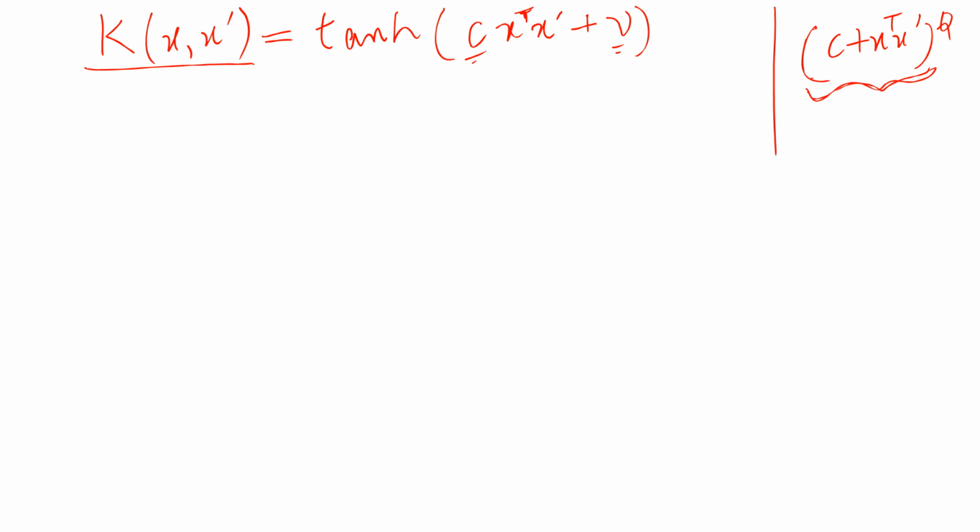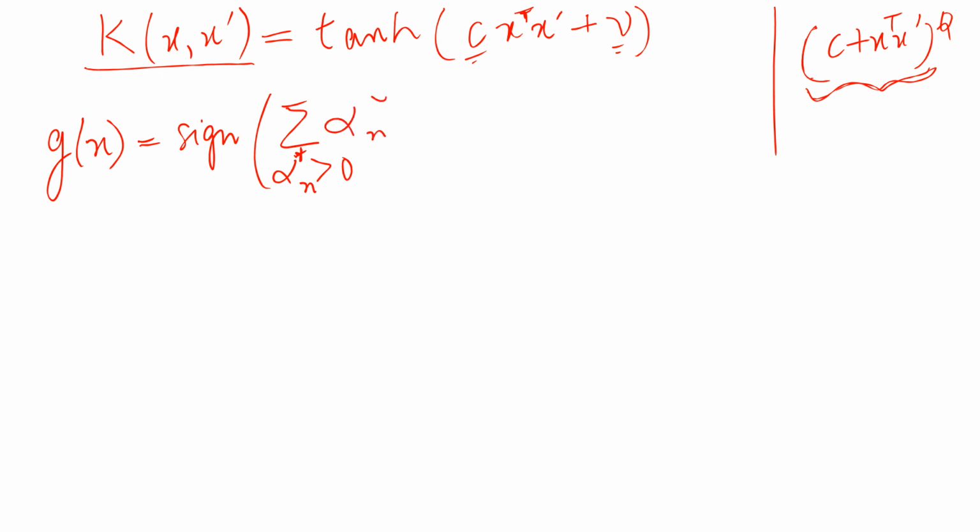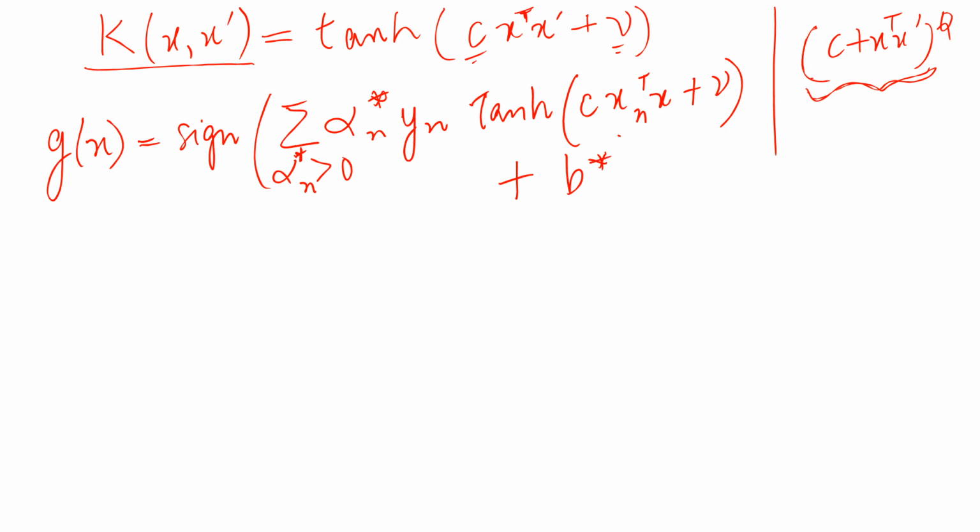So let's put it into my g of x for my optimal hyperplane problem and see what happens. If I do, g of x is the sign of the summation over alpha n star greater than 0 of alpha n star y n tanh of c x n transpose x plus nu, plus my b star.